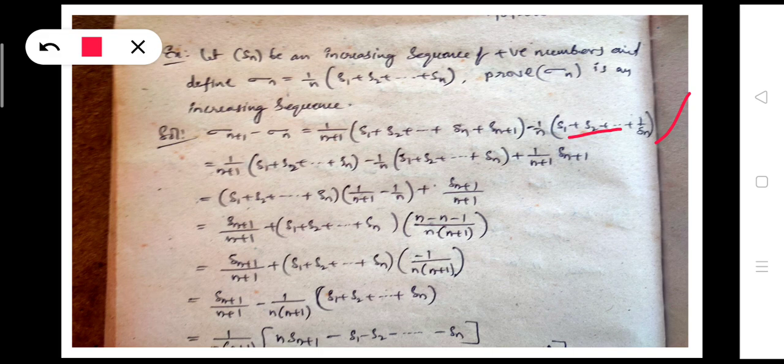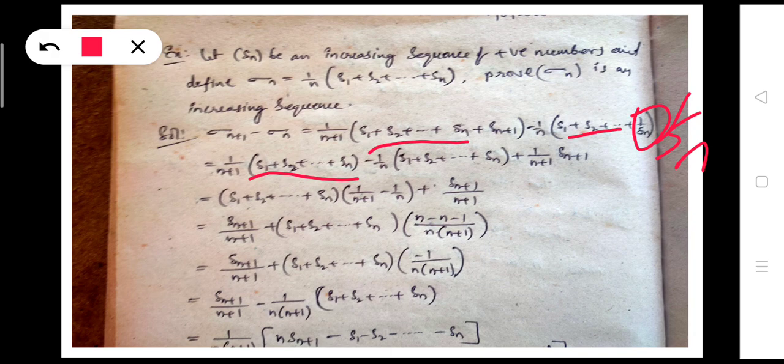In the first sum, we take up to Sn, and the next term is 1 by n plus 1 into Sn plus 1.